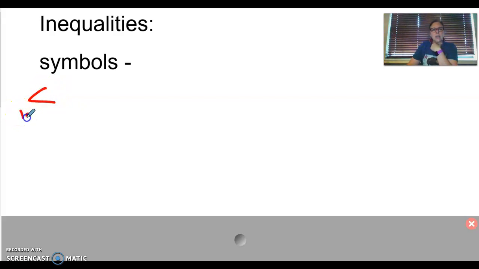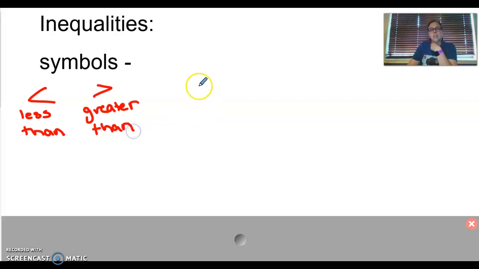This is less than. This is greater than. So make sure and write these down. Now, ones you may not be familiar with are less than or equal to.